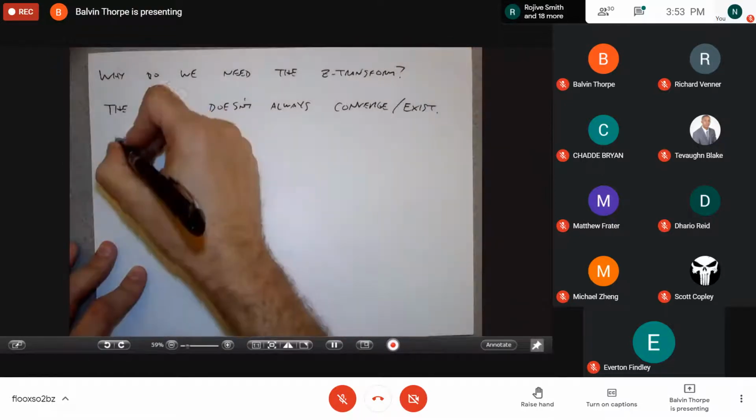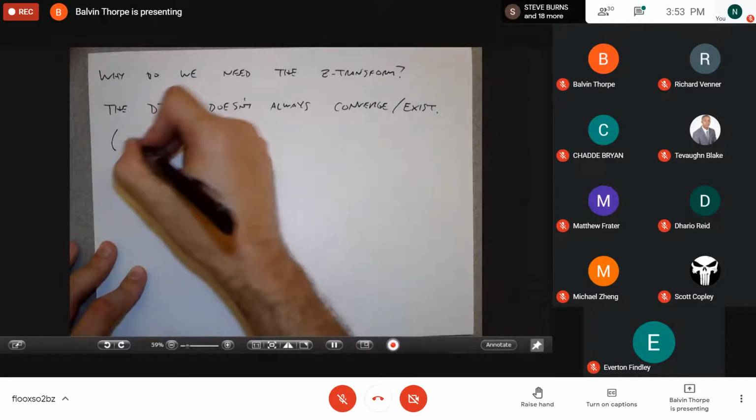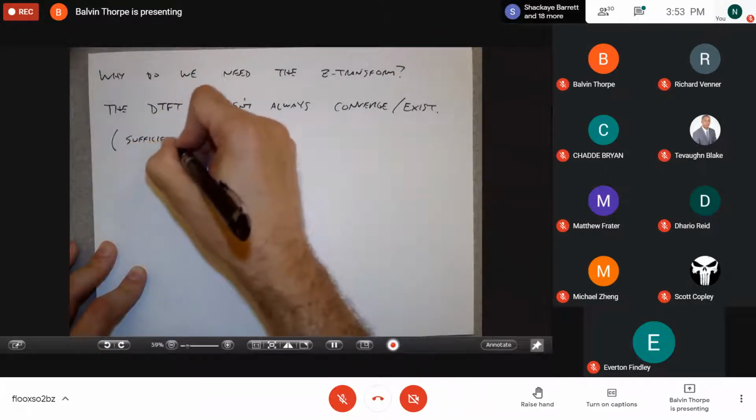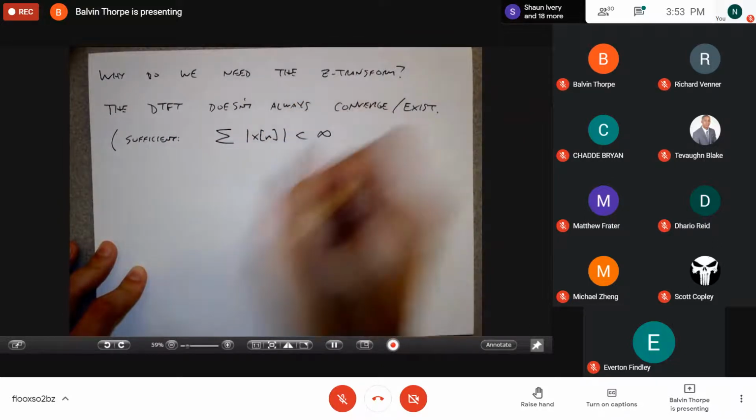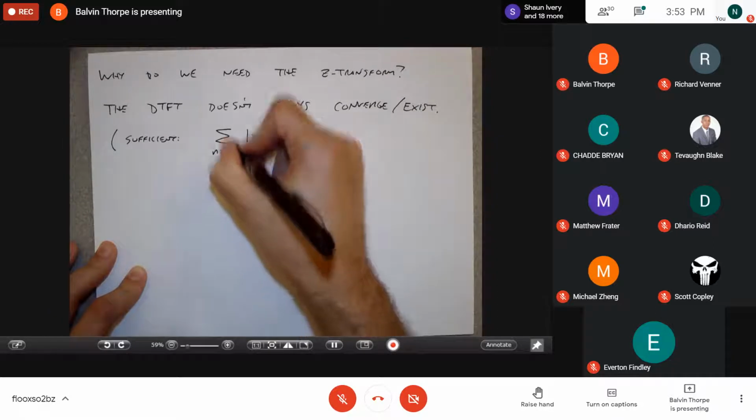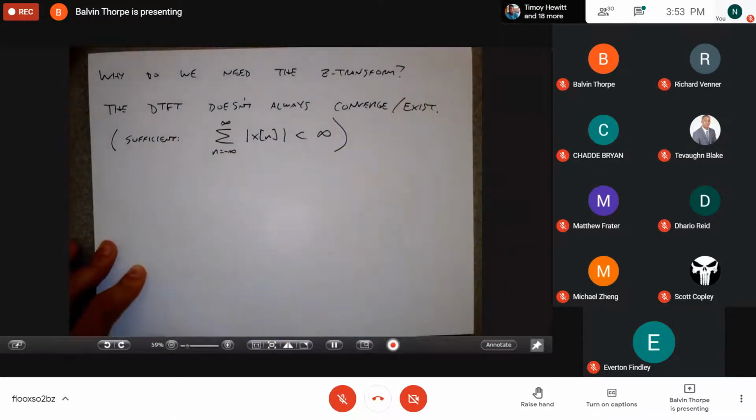Right? So we showed last time that a sufficient condition was that if I were to sum up these things, I would get some non-infinity number. That's like saying I need to be able to sum up the absolute values of the signal for that sum to converge. We talked about how we could relax this slightly, but for the moment, let's just assume this is the condition that we need for the DTFT to exist in the way that we want it to.